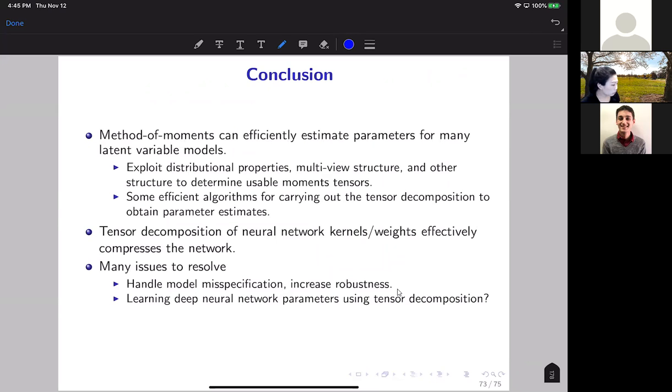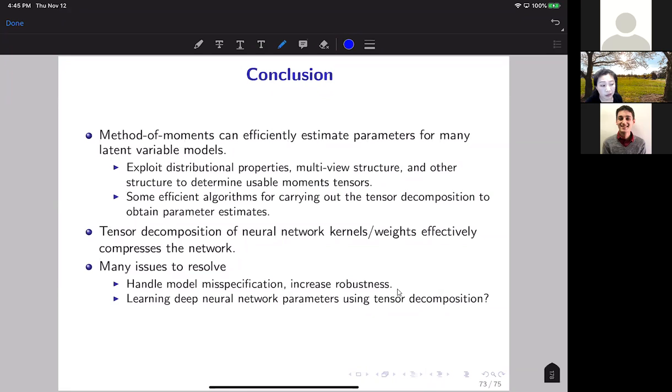So this is exploiting the distributional property and multi-view structure and other structure to determine usable moment tensors. And some efficient algorithms for carrying out the tensor decomposition to obtain the parameter estimation are also discussed.